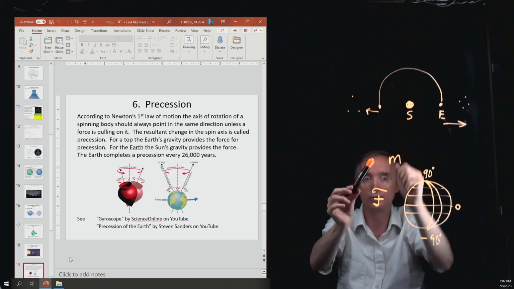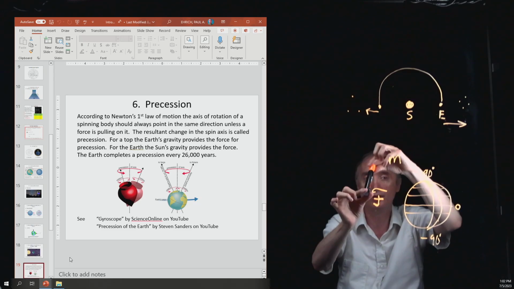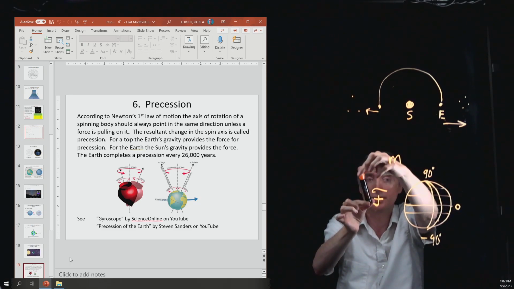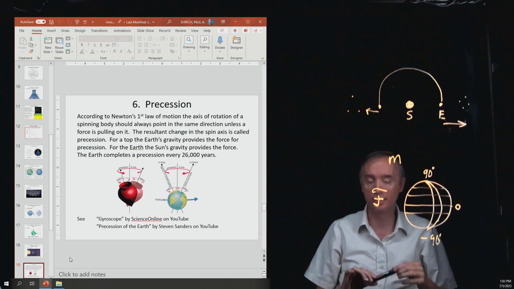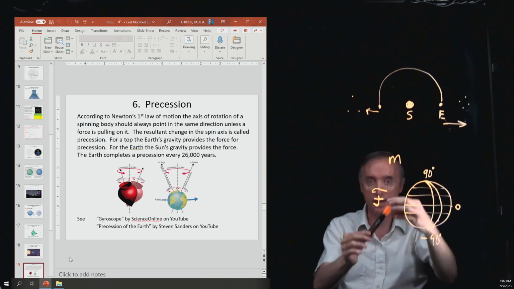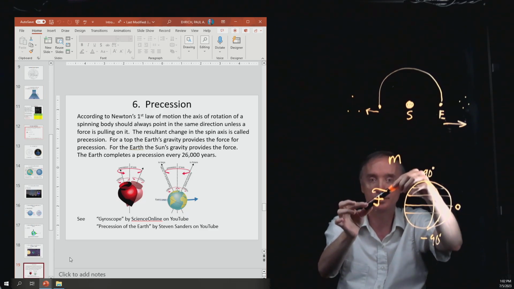But you're also going to notice that as it's spinning, it's also going to be rotating around in a big circle. And so that's going to be called precession. And it's going to be caused by the gravity of the Earth. The gravity of the Earth pulling down on this spinning object is going to make it precess.